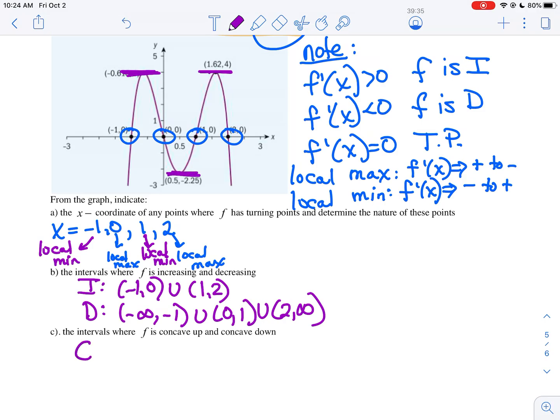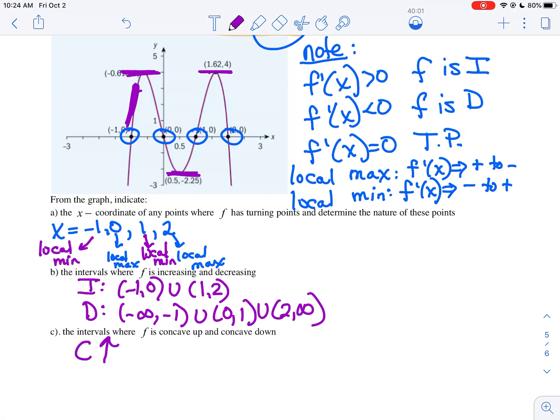It's concave up where the second derivative is positive, and concave down where the second derivative is negative.